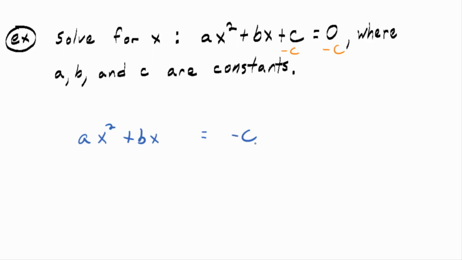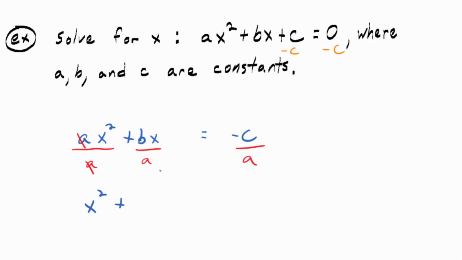Step 2 is divide through by the leading coefficient. What's the leading coefficient represented by? A. So we're going to divide through by a, which means you divide everything by a. And then what does that get you? The best way to write it is x squared plus, you don't want to write bx over a.